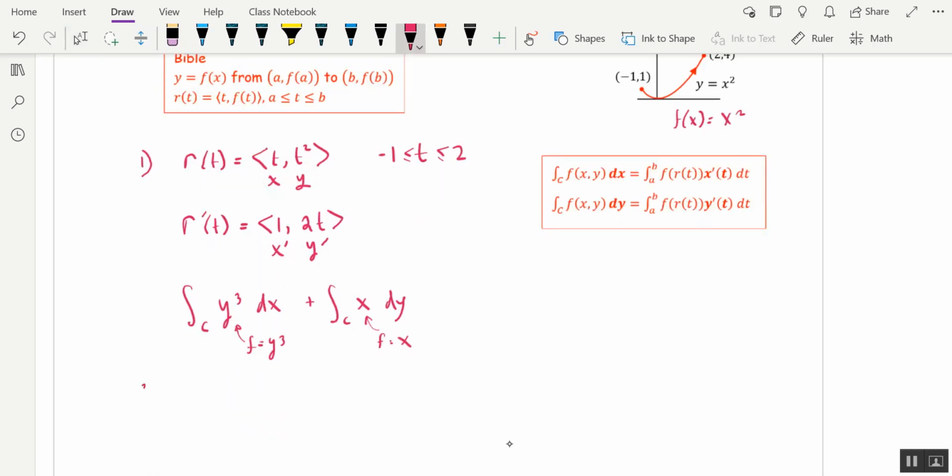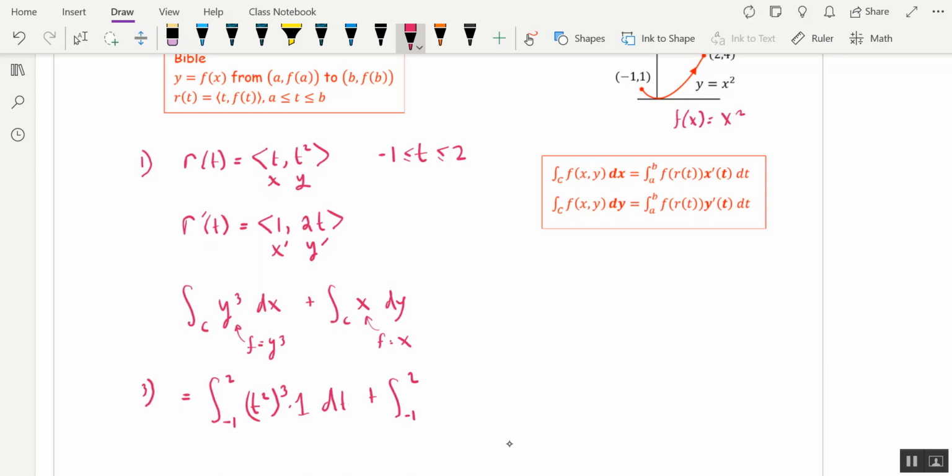Okay, so here we go. I guess we're up to step 3 now. This is equal to, the first integral goes from -1 to 2, and y cubed. So I look up here and I see y is t squared, so that's t squared cubed. And then I replace the dx with x prime, which is 1 dt. And then for my second integral, again, I go from -1 to 2.